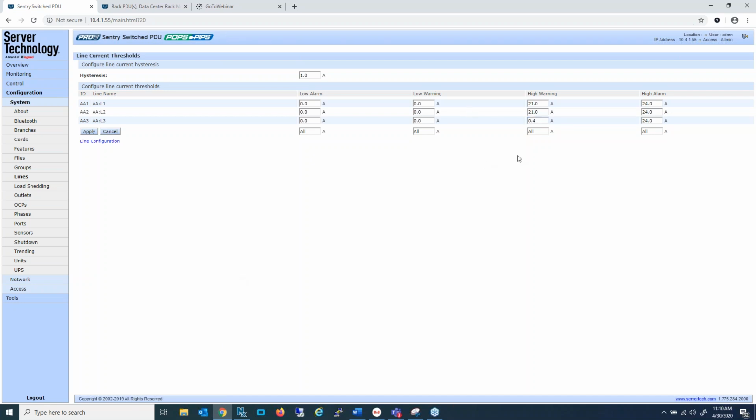Anyhow, with respect to a standalone PDU, that is a PDU servicing single power supply devices, no redundancy, these values in this case with a 30 amp PDU typically don't need to be changed. However, if you are using 2 PDUs per cabinet and multiple or dual supply gear, servers and switches and routers, and you are practicing an N+N redundancy system, you do need to consider changing these values to half.